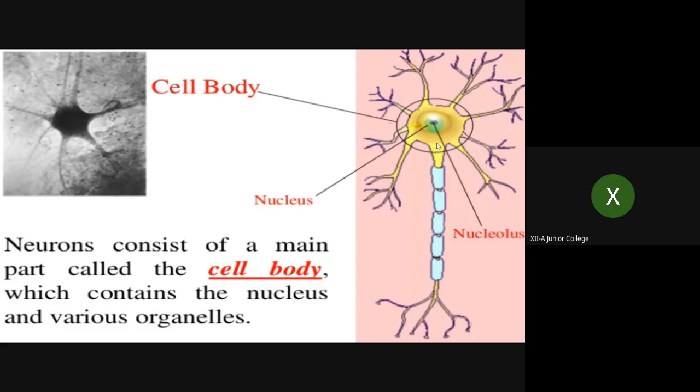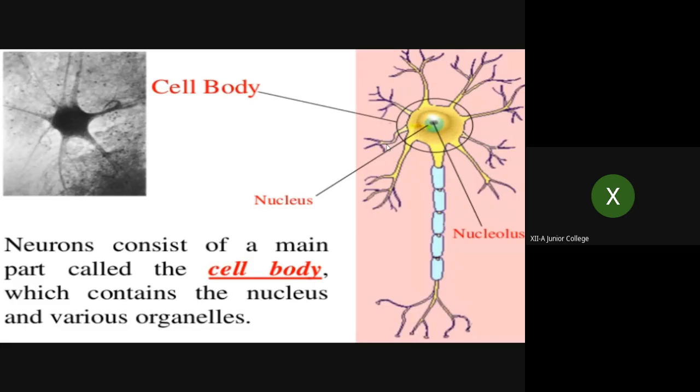In an animal cell, along with the central part, that is nucleus, remaining organelles like ribosomes, mitochondria, Golgi complex are present, right? So here also in the cell body, that is the cyton part of the neuron, at the center the nucleus is present, and the cytoplasm of the neuron is called neuroplasm. Just related to neuron, it is called neuroplasm.